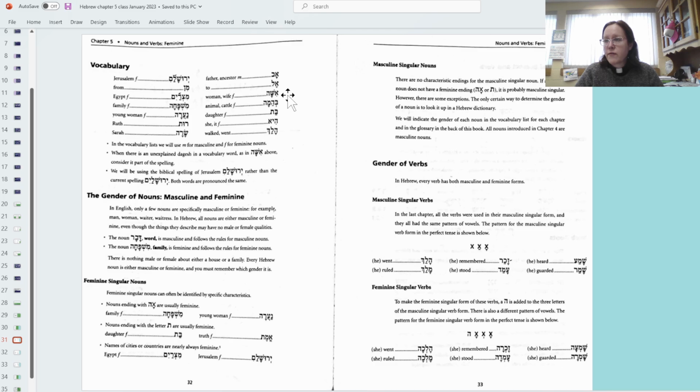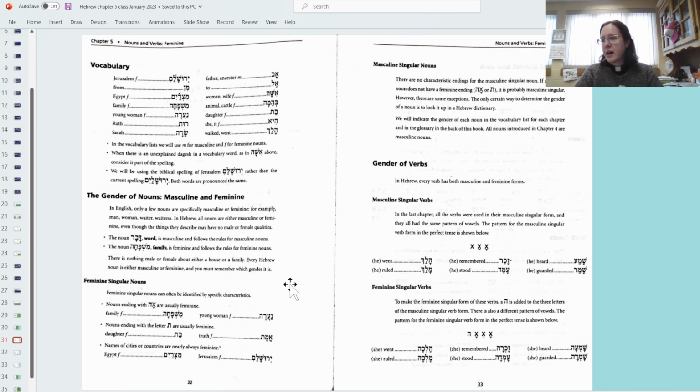There is nothing male or female about either a house or family, but every Hebrew noun is either masculine or feminine. Feminine singular nouns: nouns ending in ah. You can see that on page 32, right? That ending ah is the marking of a feminine noun.